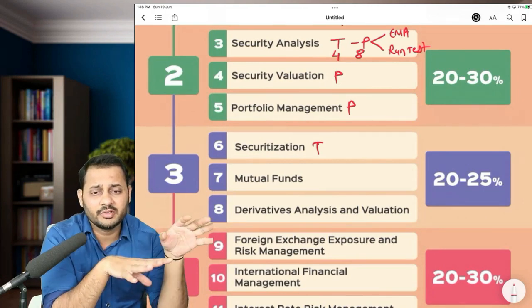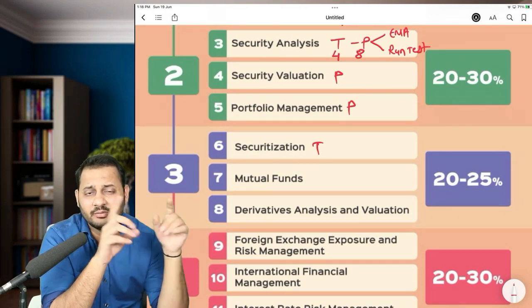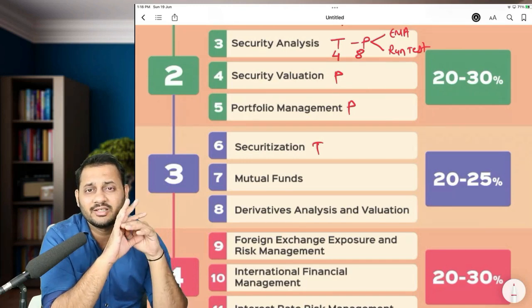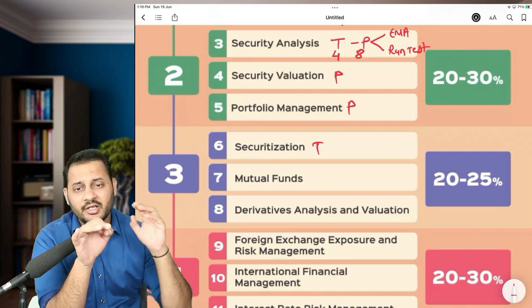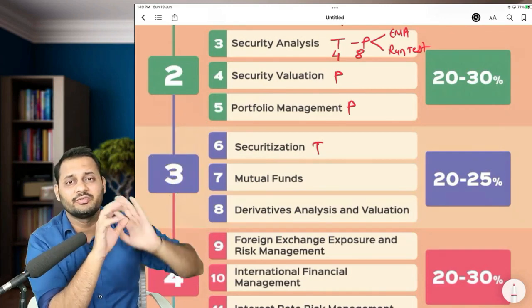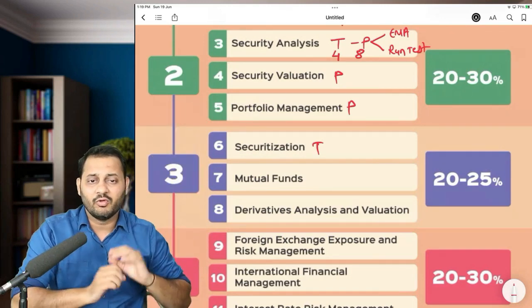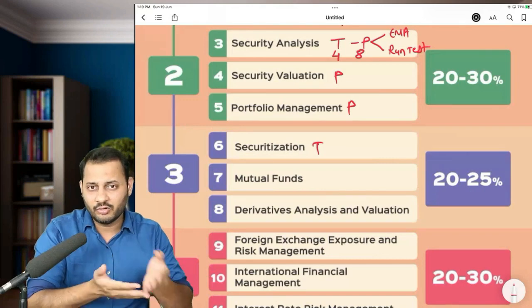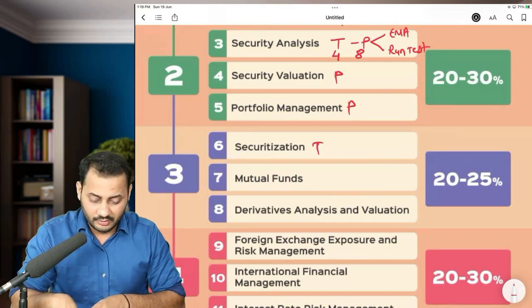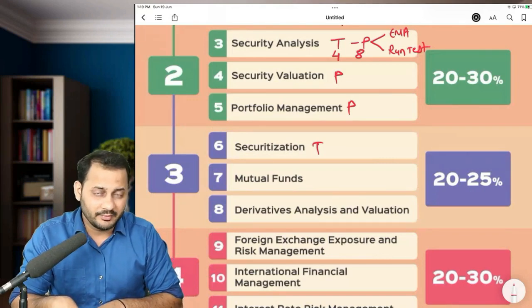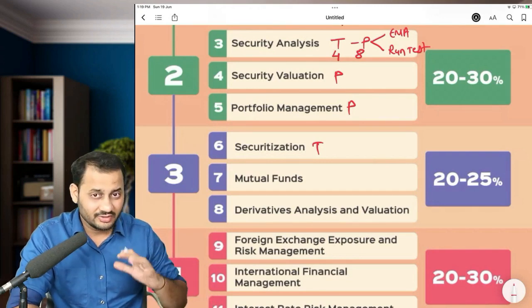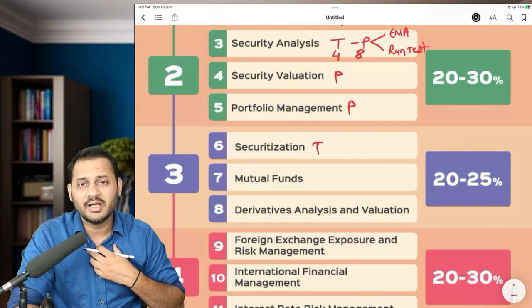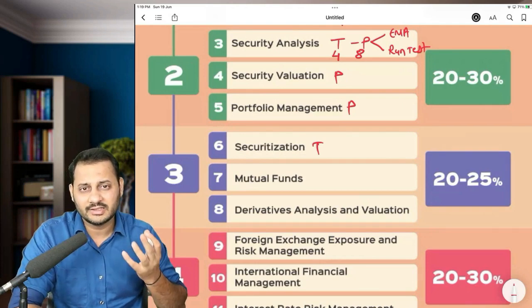Although some chapters I am going to write only as practical, please understand that the institute can ask any theory question from any chapter, even from the portfolio chapter. So there is no thumb rule. Whatever I am writing here as T or P is based on 90% of the probability. Okay, not 100, because it is not a thumb rule given by the institute. That is what my analysis of the past exam papers is.